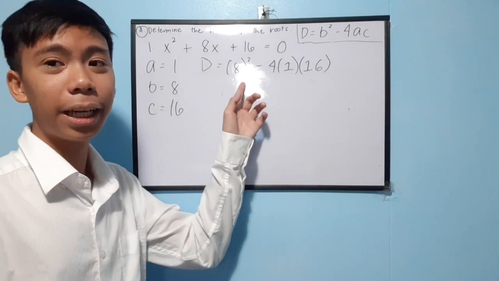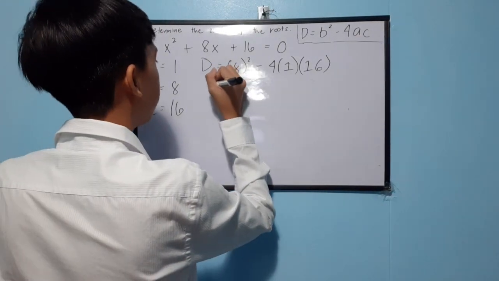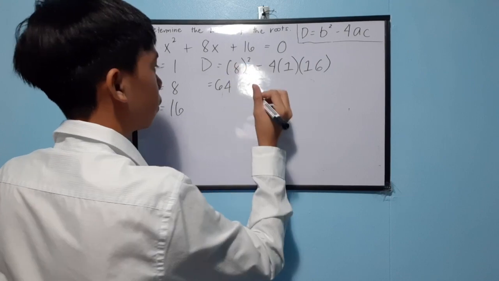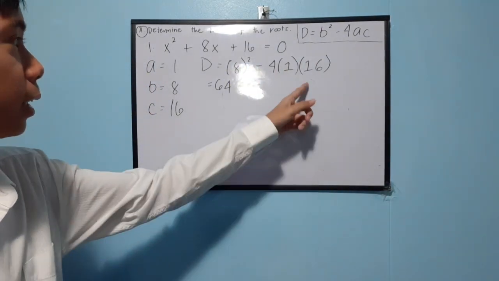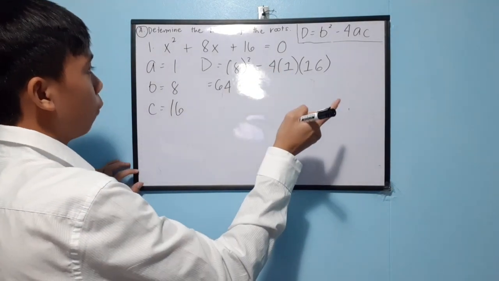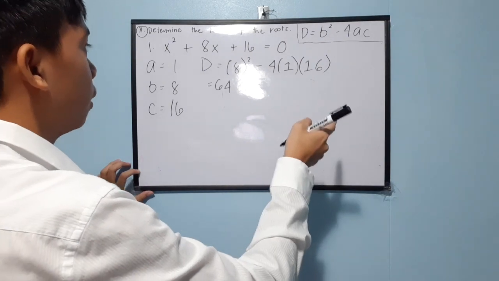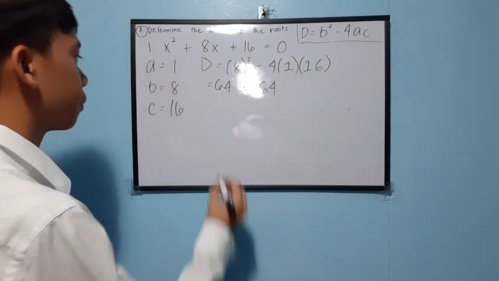So this is basically 8 squared, and 8 times 8 is equal to 64. Now, we need to multiply these two. 16 times 1 is equal to 16, of course, and 16 times 4 is equal to 64 also.